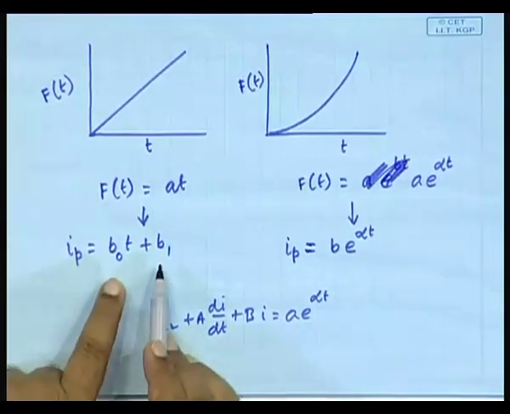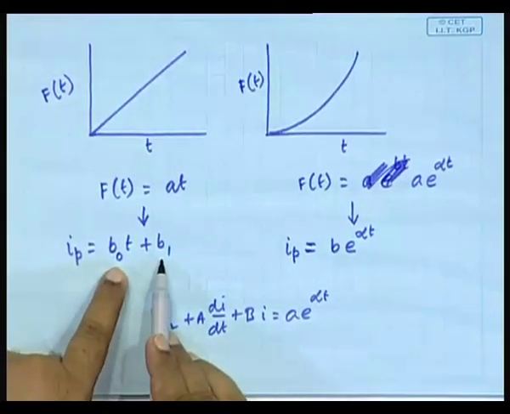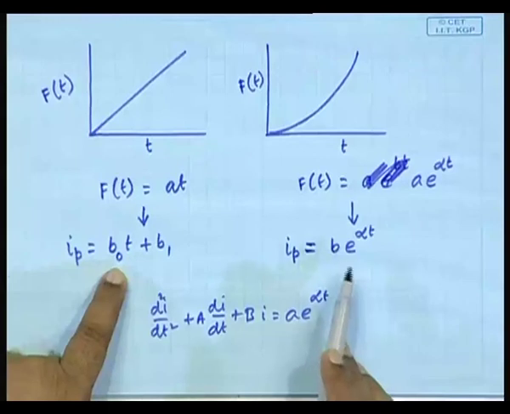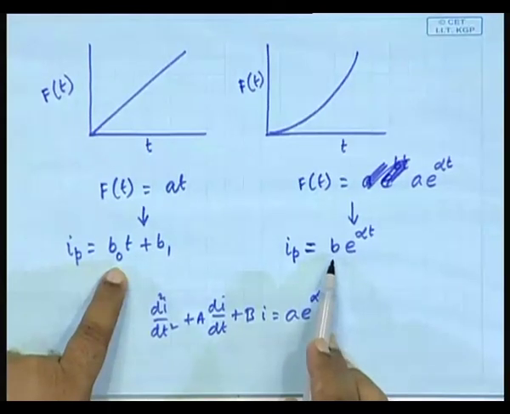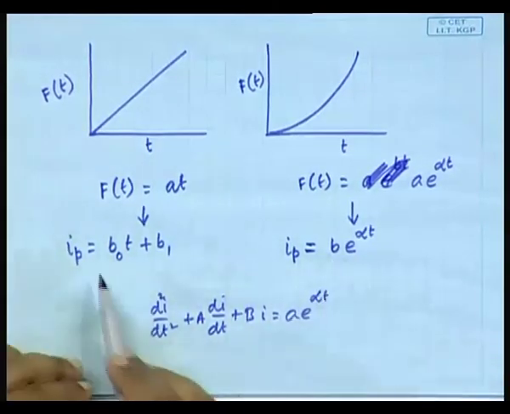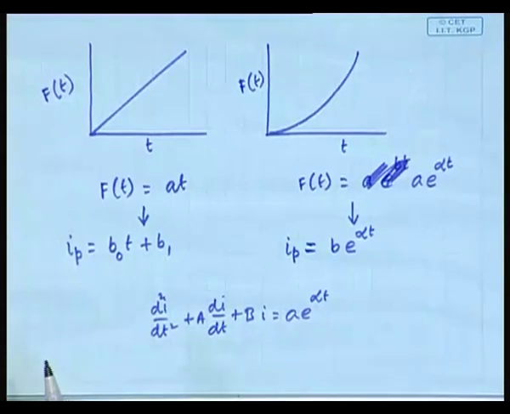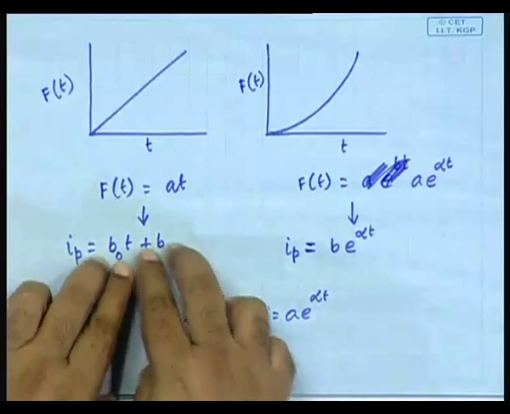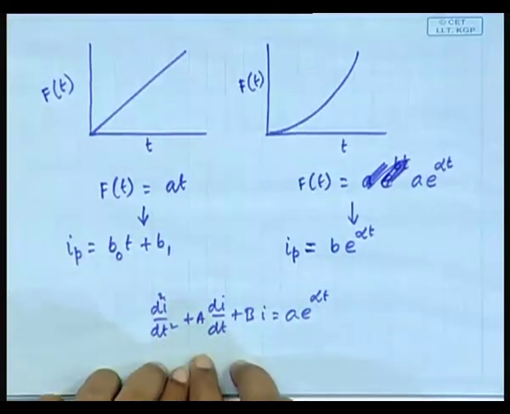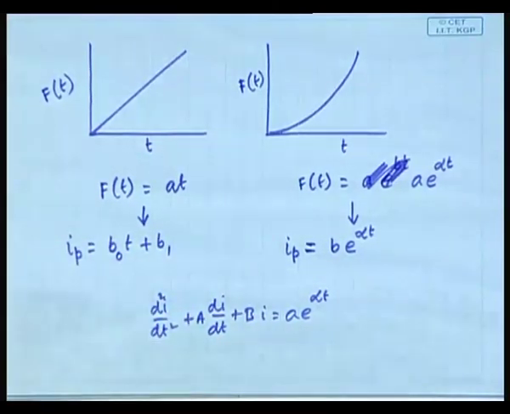In this case, what are the unknowns? B0 and B1. In this case, what is the unknown? B only. So, how do you obtain these? The method of obtaining these is to plug it into the equation and then solve it. In this case, what will happen?